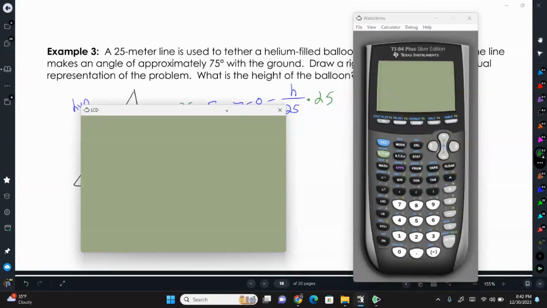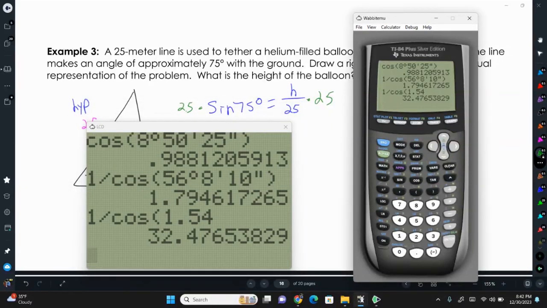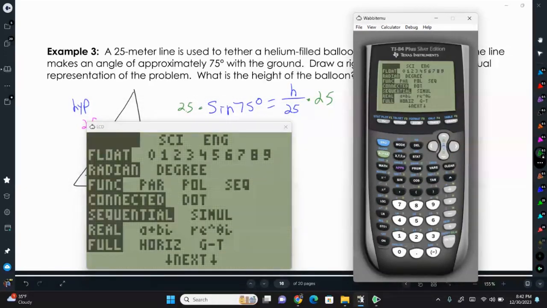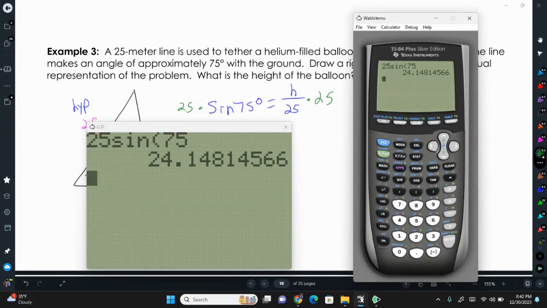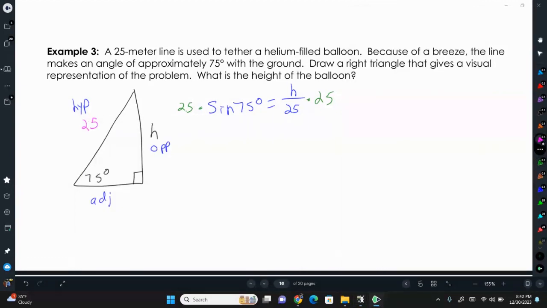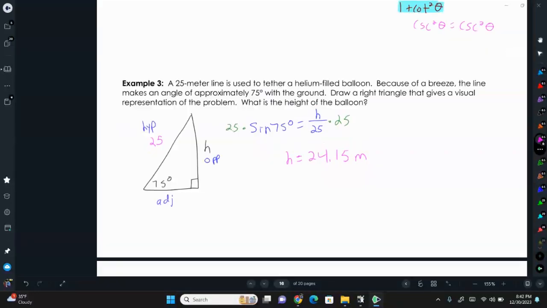We are in degrees right now, so we're going to make sure that we have degrees. So 25 times the sine of 75 gives us 24.148. So H equals 24.15 meters.